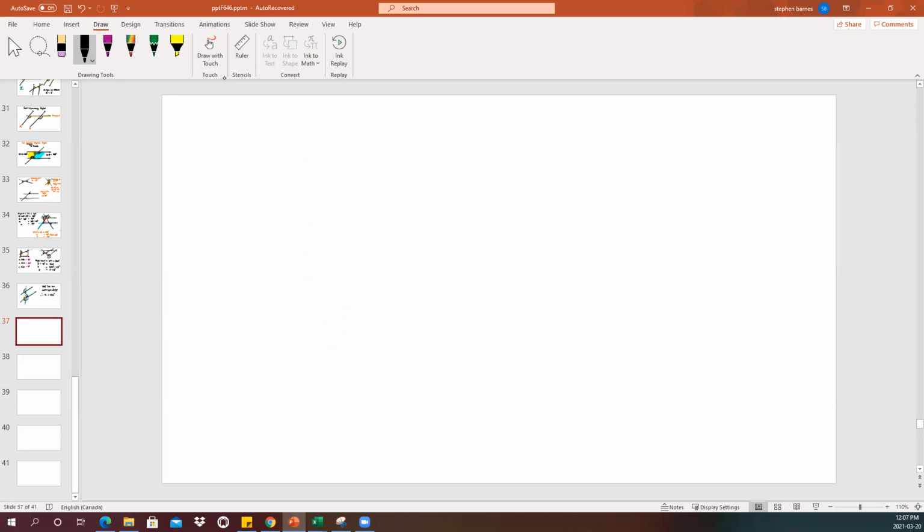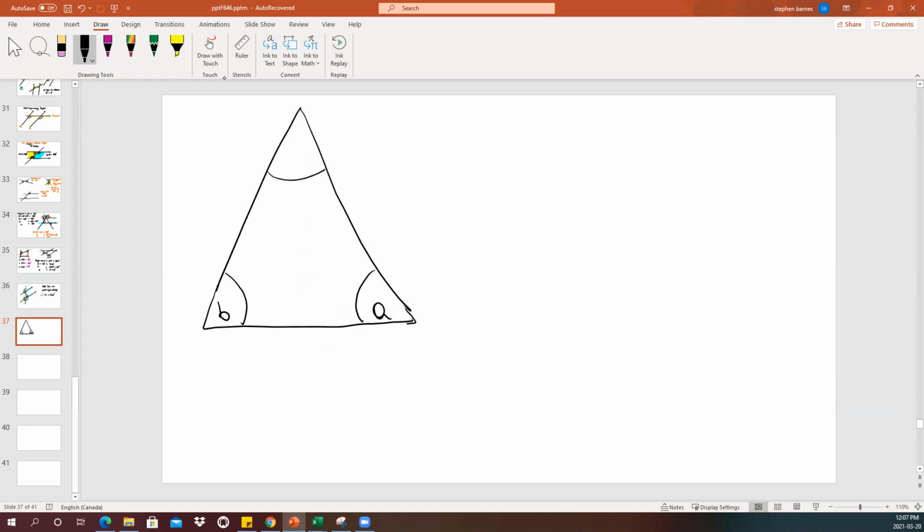Now, we know the general rule is that angles in a triangle sum to how much? 180. All right, so that's a general rule. Angles in a triangle sum to 180. So angle A plus angle B plus angle C will sum to 180 degrees, right?